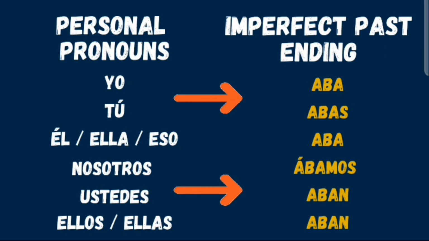Finally, for the personal pronoun they, if you are referring to a group of boys, you use ellos, and if you're referring to a group of girls or women, you use ellas. With these pronouns, ellos and ellas, you end your verb in the imperfect past in -aban, same as with ustedes.